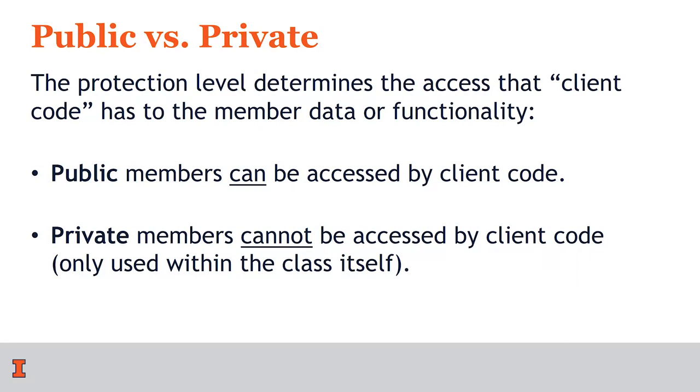Anyone who uses our class, which we're often going to call client code, is any code that imports our class and makes use of our cube or whatever custom data type we have. If a member function or member data variable of our class is public, anyone can access this. The other side of protection is if we declare any of our variables or any of our methods private, that data or that functionality can only be accessed by the class itself.